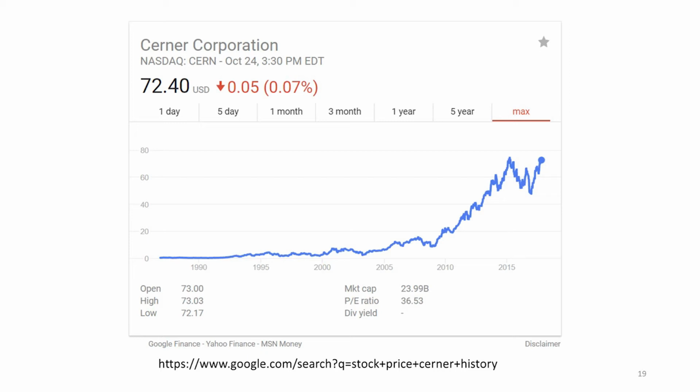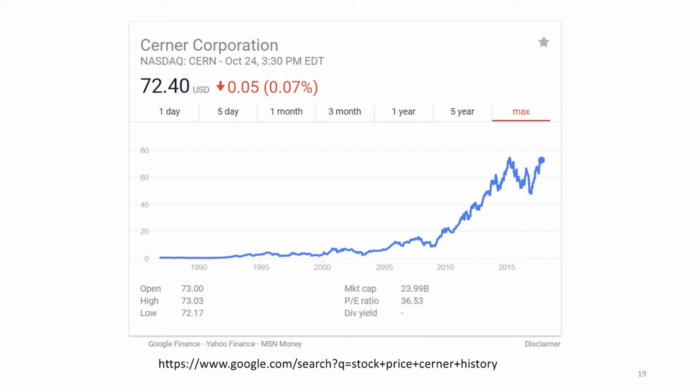And you can see here's the stock price of our electronic health record vendor. You can see that mostly through the 2000s, the stock price stayed relatively flat. And then at about 2008, the stock price started to go up pretty significantly. Part of the reason is that's basically when the federal government, through the ARRA program, started to subsidize electronic health records for hospitals.